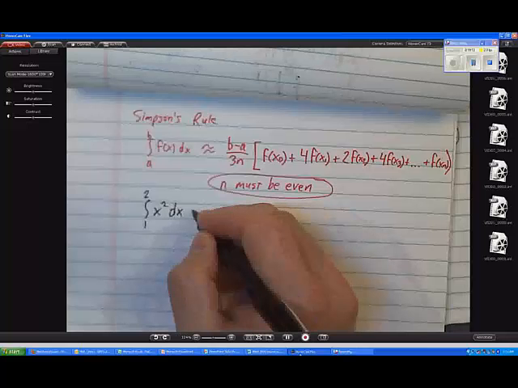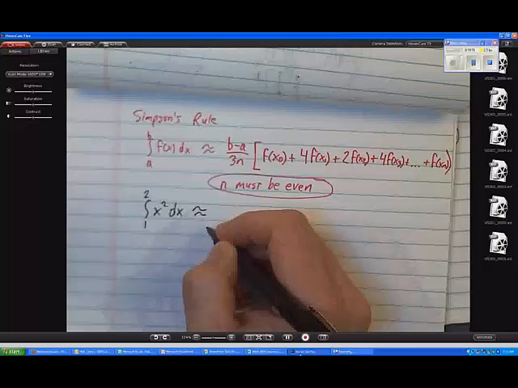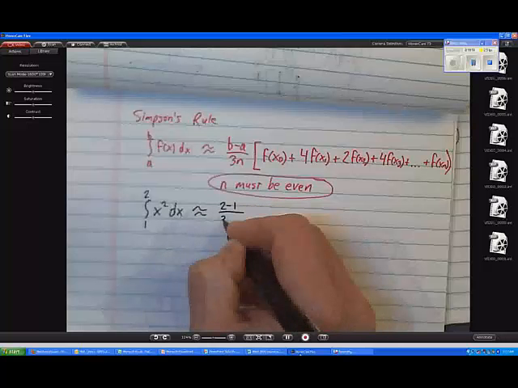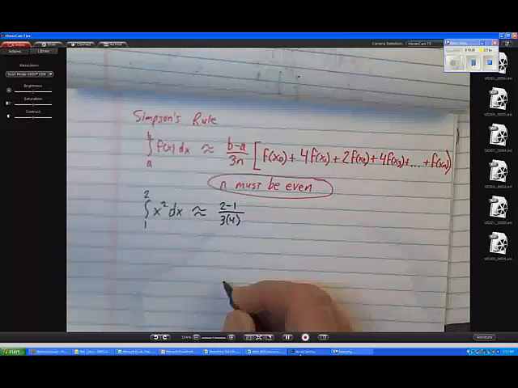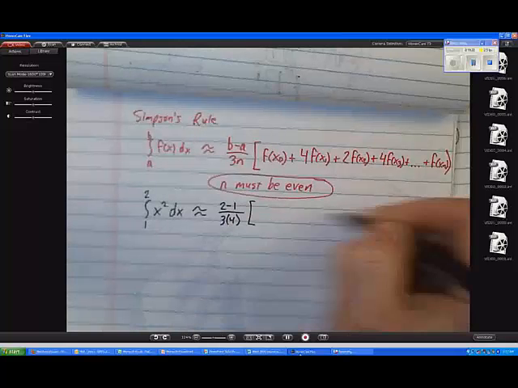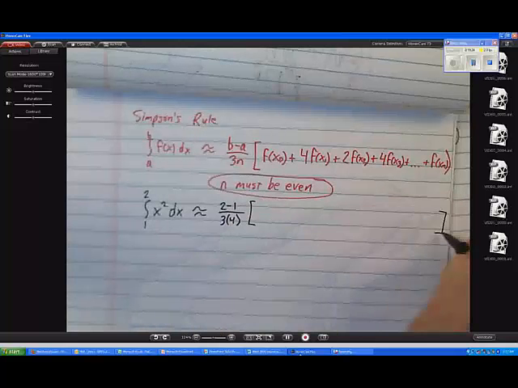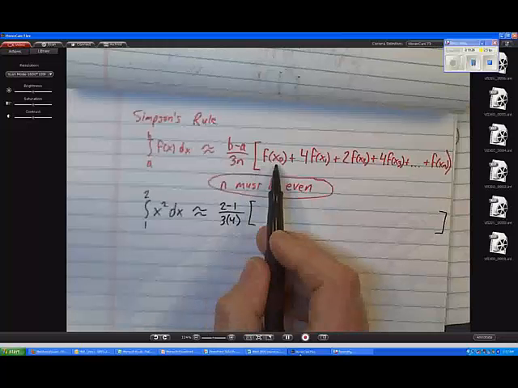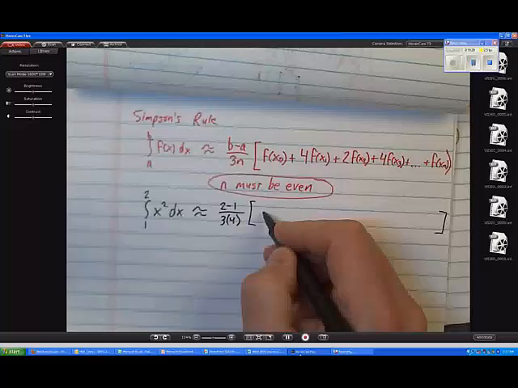So again, that'll be approximately equal to 2 minus 1 over 3 times 4. So f of x0, isn't that 1 squared, right?